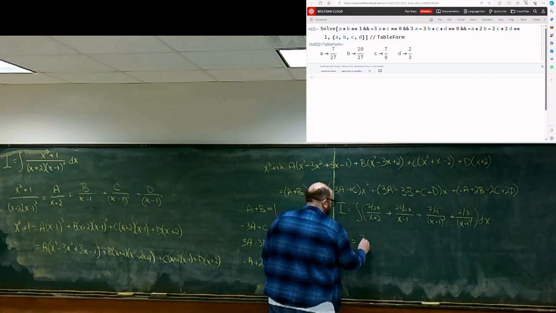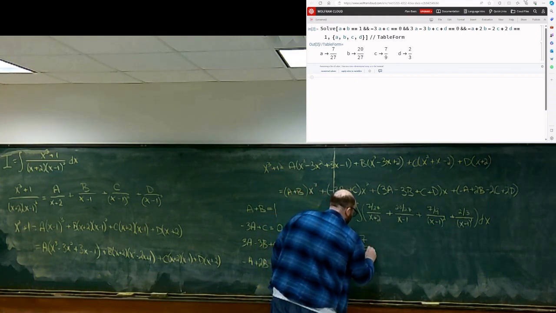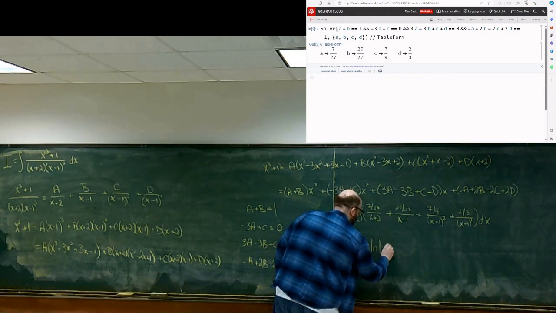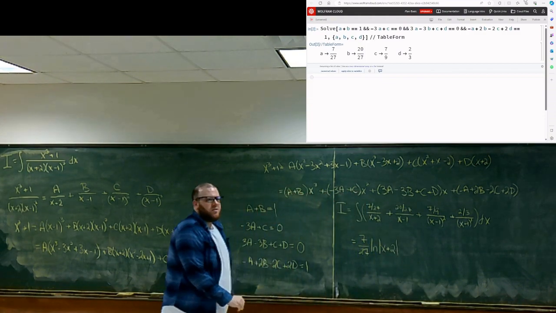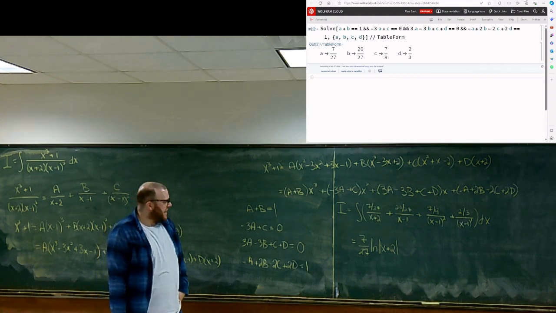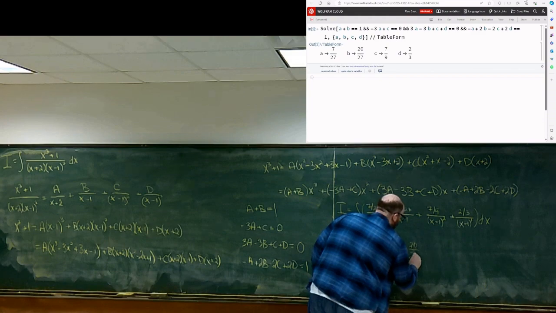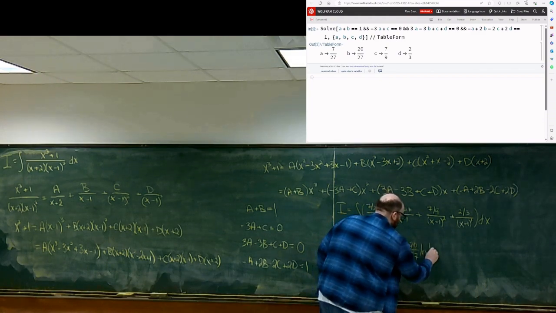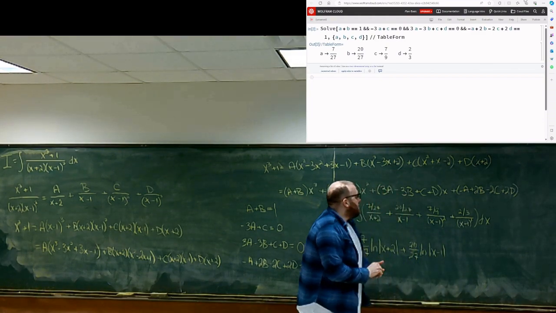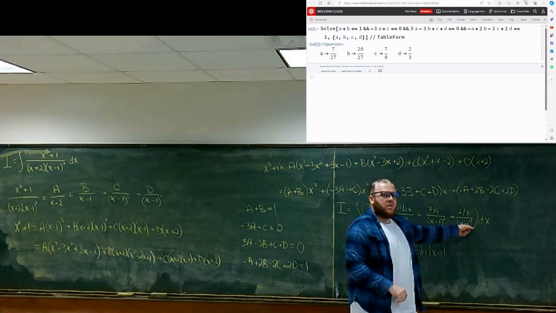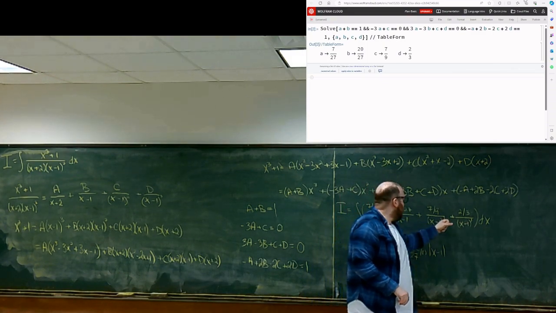Now, the first antiderivative. The second antiderivative also involves a log, right? These two will not be logs because they're not first powers.